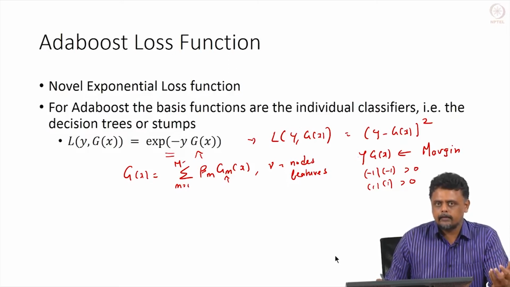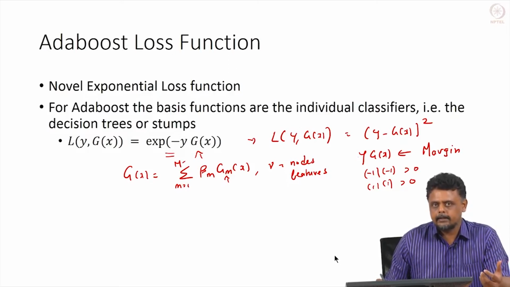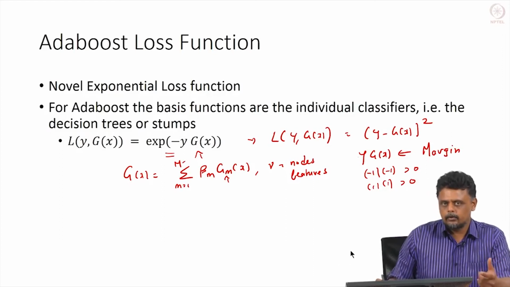So, if you have, let us say, small m iterations, you do not change the parameters of the first m minus 1 iterations, but only consider the parameters of the mth iteration, right, only update the parameters corresponding to the mth iteration. So, this stage wise modeling helps to solve this problem.